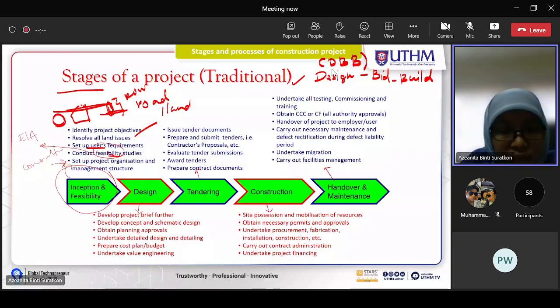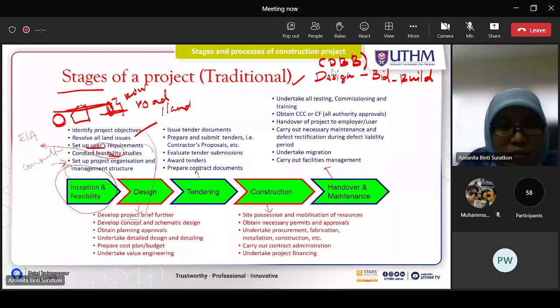Next, design stage. At inception and feasibility, we set up the user requirements and project objectives. All these contribute to the project brief.